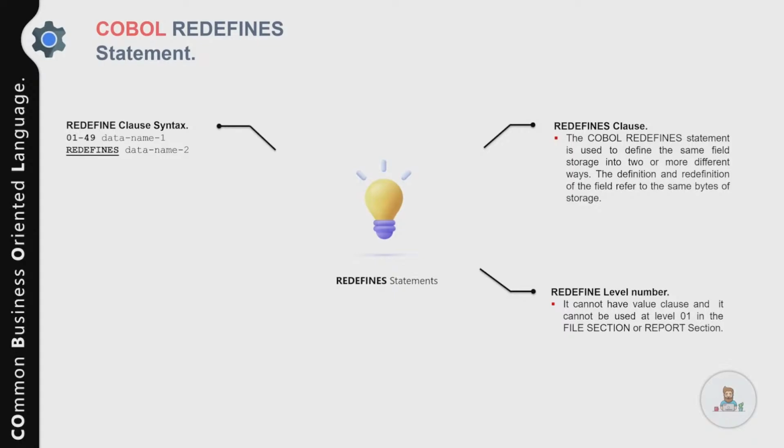Now let's talk about the syntax of the redefine clause or redefine statement. The syntax is pretty simple. You have level number from 01 to 49. Thereafter you have data name 1, that is the new name of the redefined variable. After that you have the redefines keyword followed by data name 2, and data name 2 is the source variable name that you actually want to redefine.